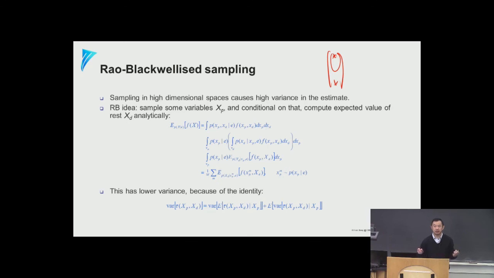You can sample the multinomial, and then given the multinomial, you can integrate the Gaussian. That gives you a better way to compute the expectation than drawing samples for the whole set of random variables. So the integration and the sampling don't have to be all or nothing. You can choose anywhere in the middle to combine sampling with closed-form integration, and that gives you some benefits in reducing the variance.